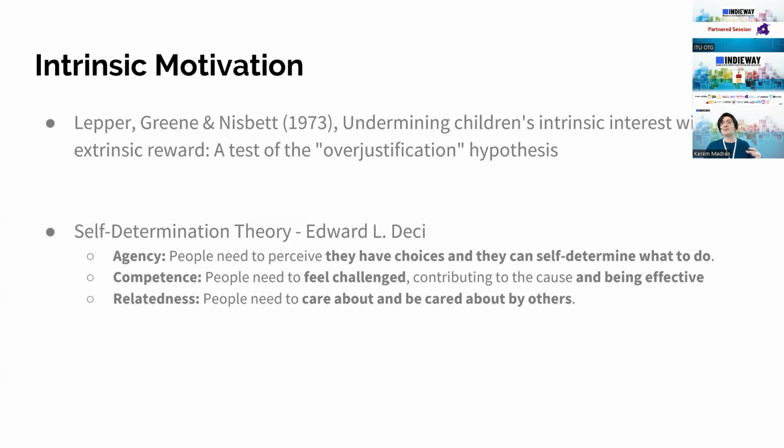I don't know if this is the exact word in Turkish, but it is a feeling that helps you lead your life. Competence is the second pillar of self-determination theory. People need to feel challenged, and they also feel like they can contribute to the cause and be productive. Relatedness is the third pillar.